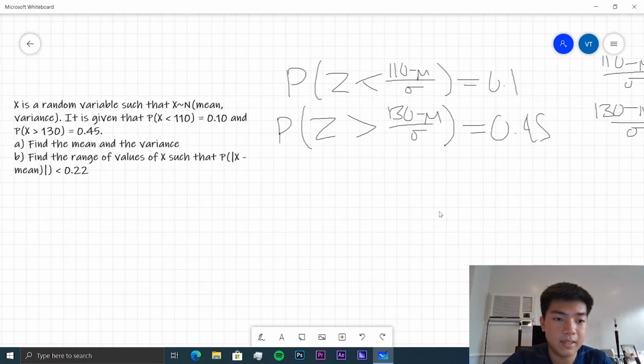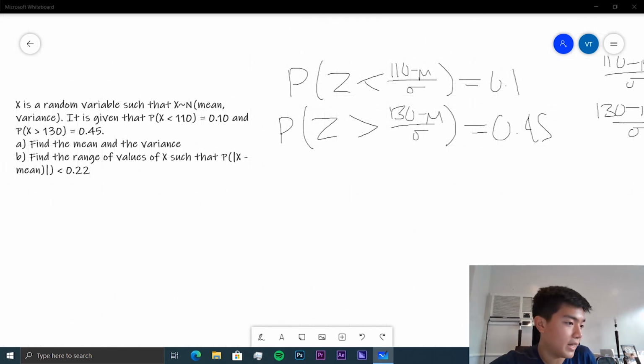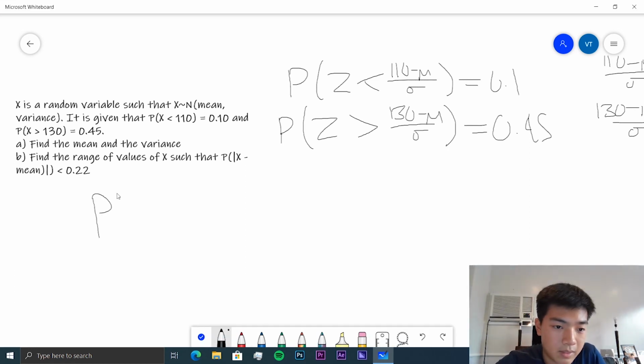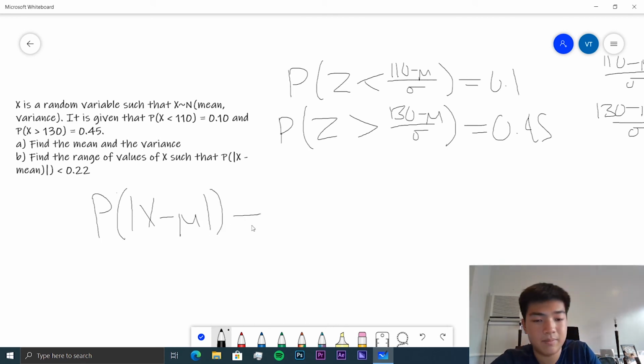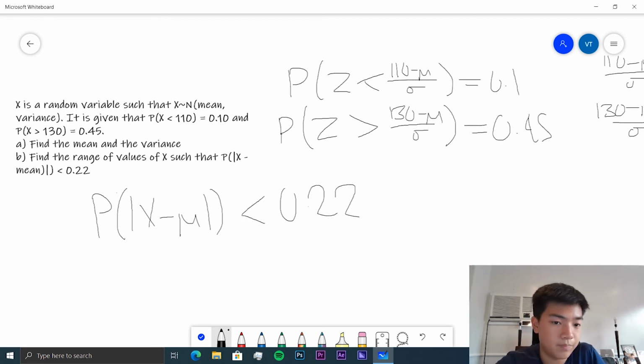Okay, nice. And then find the range of values of x such that, weird question alert, the probability of the absolute value of x minus the mean is less than 0.22.